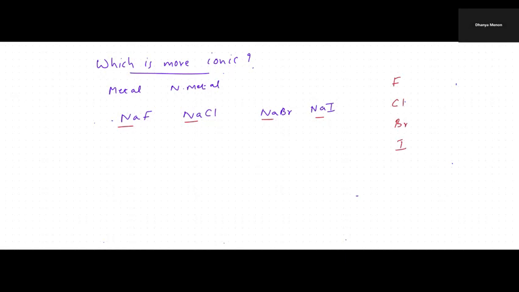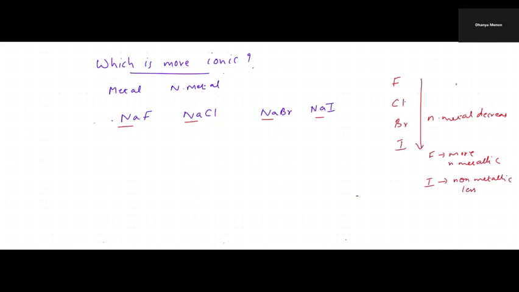Down the group, non-metallic character decreases, right? So fluorine is more non-metallic. Iodine is least non-metallic.